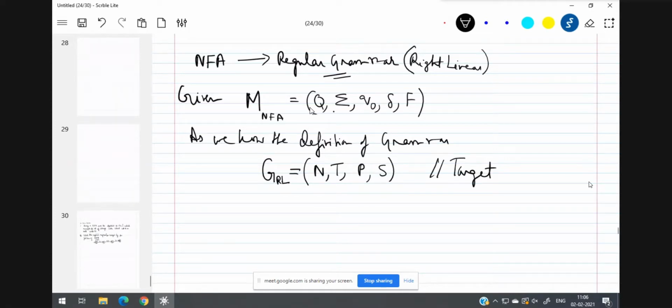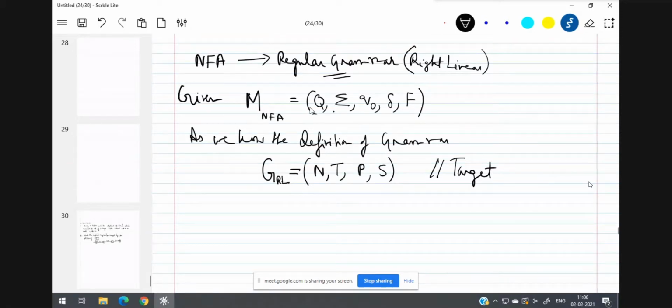This is my assumption. So in the exam, you should not write regular grammar as it is. Whichever one you choose, the right linear form or the left linear form, please mention it specifically. That is my request to you guys, okay? Once you're used to it, in future there is no need to mention right linear or left linear, because by checking the productions we will know whether it's right linear or left linear.